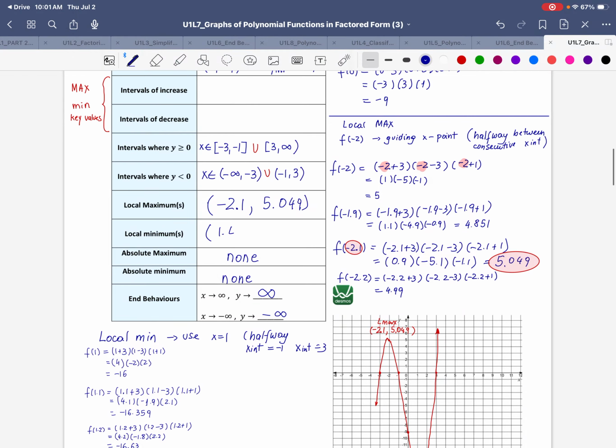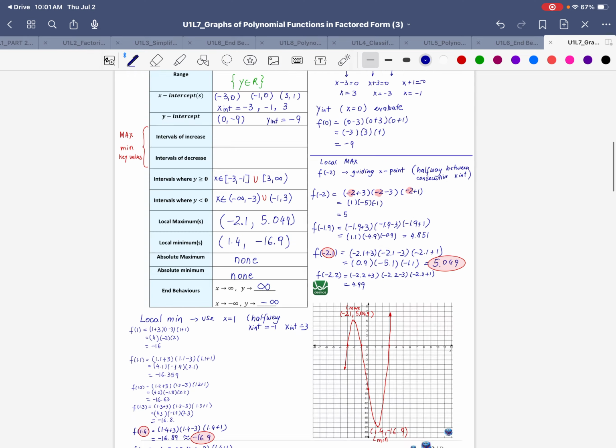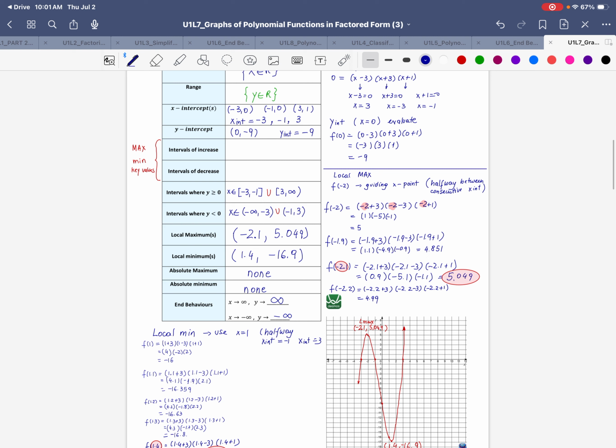So now it's a lot easier for us to determine the intervals of increase and decrease. Notice how the function is increasing, and then it is decreasing, and then increasing again.